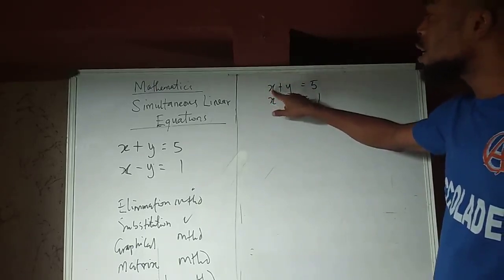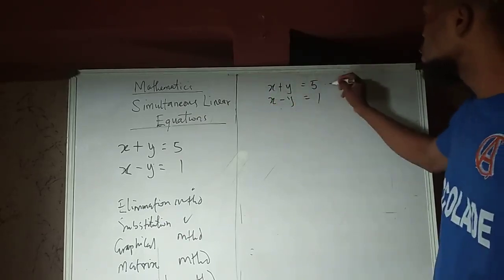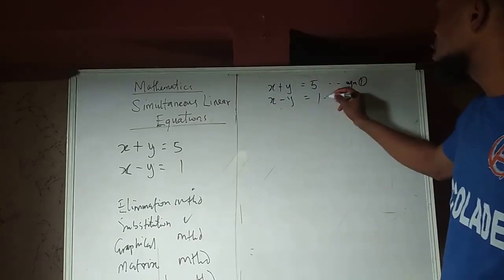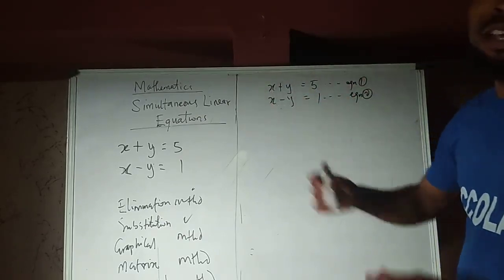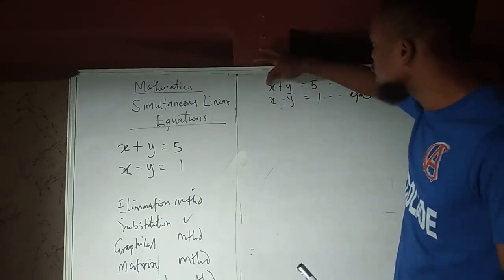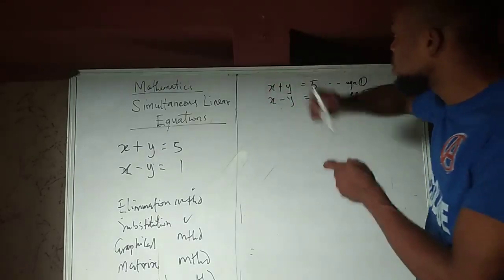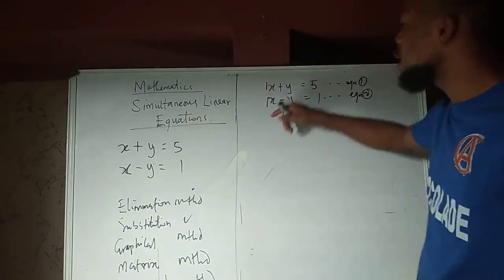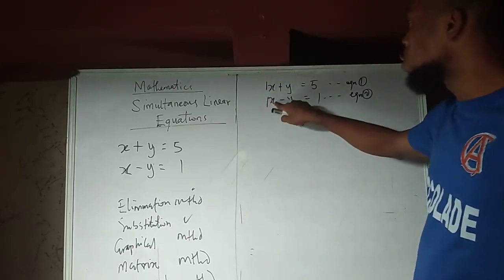This is equation 1, this is equation 2. The coefficient of x here is the same. What I mean is that the number standing close to x, the factor multiplying x, is 1. So this is like 1x plus 1y, and this is 1x as well.